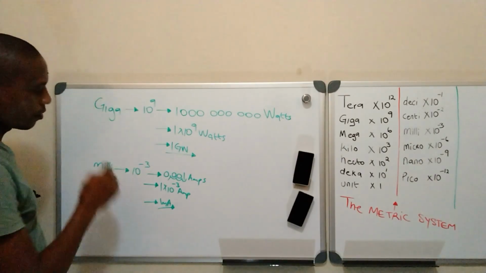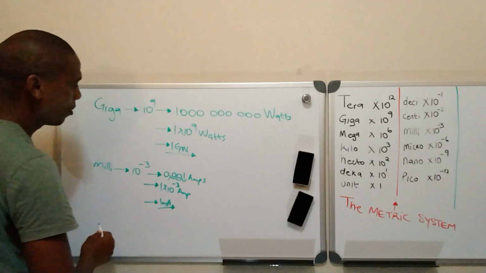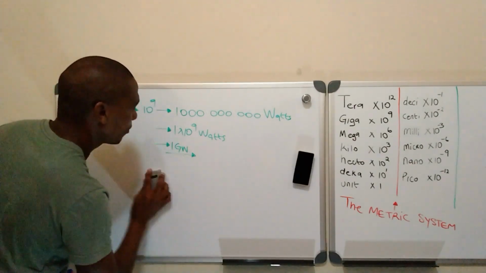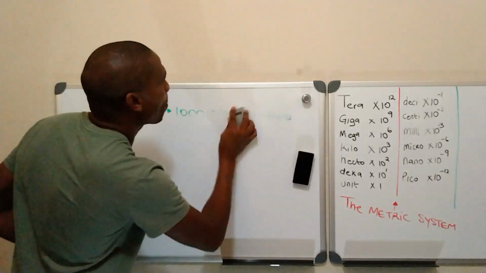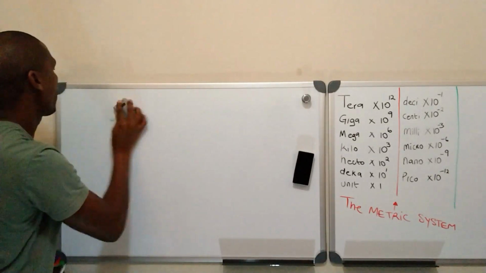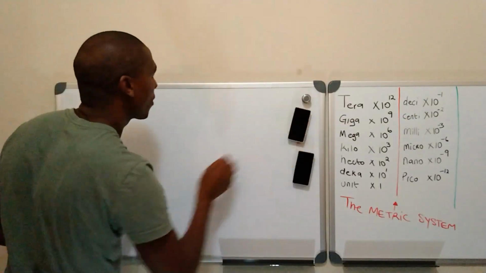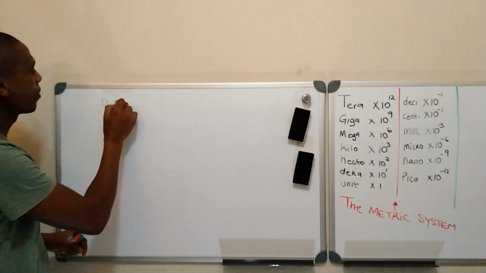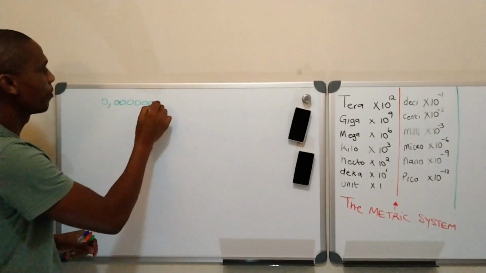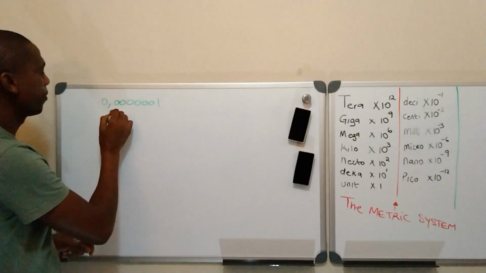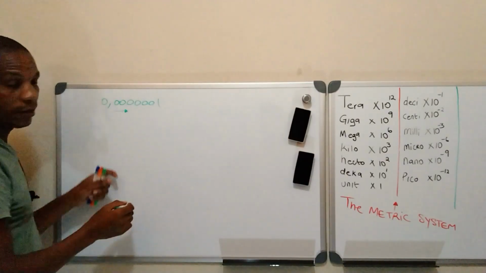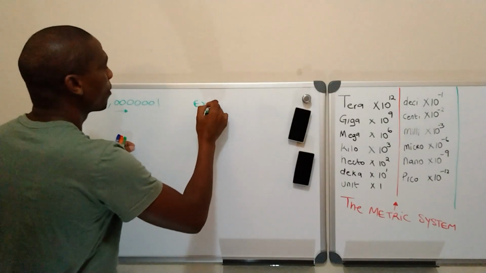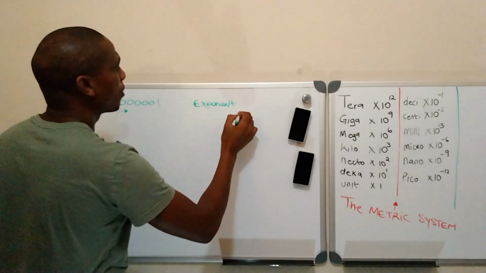So now if you count, okay, let me write. If you count from a comma to the right, the exponent is negative.